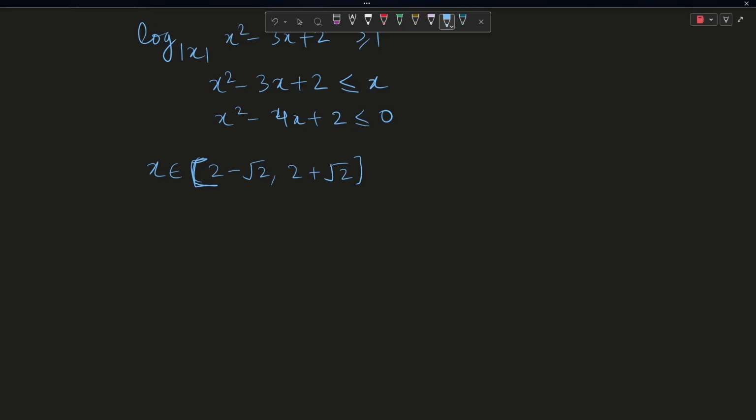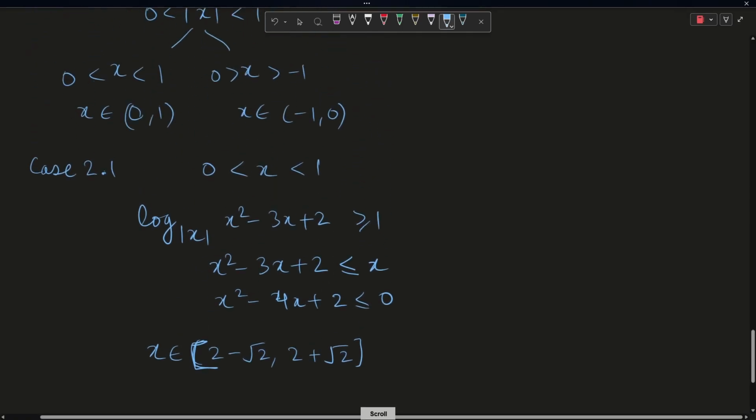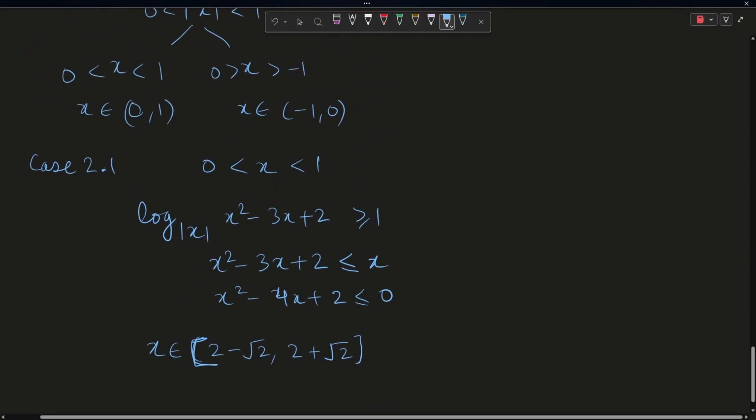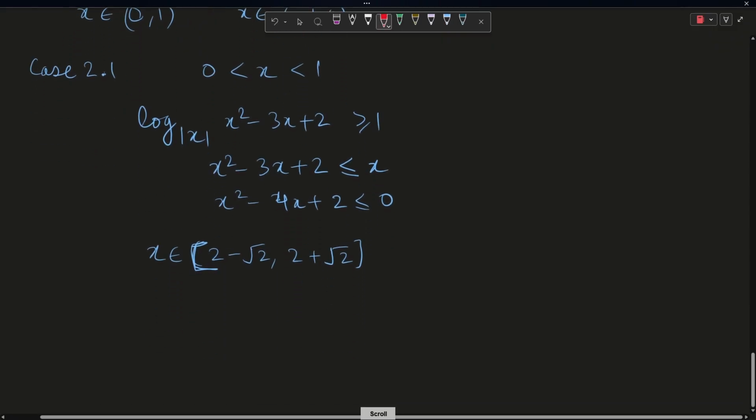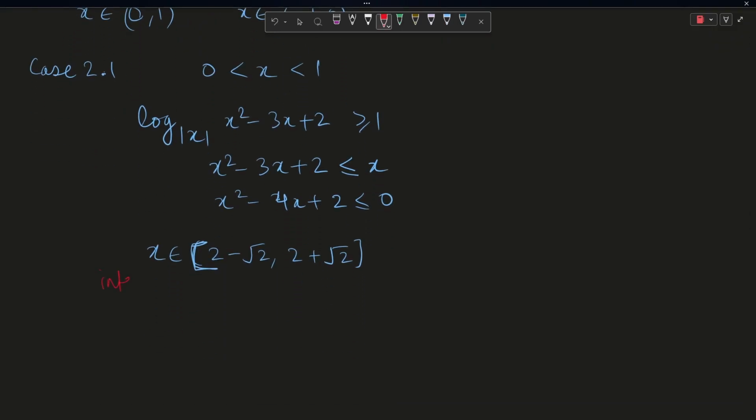But we have to take the intersection with the condition that we have opted, which is nothing but x belongs to 0 to 1.